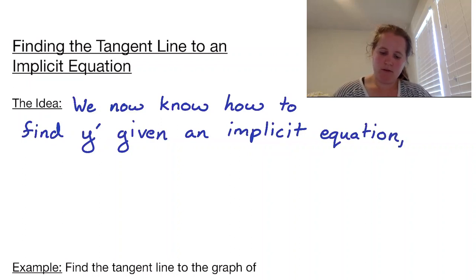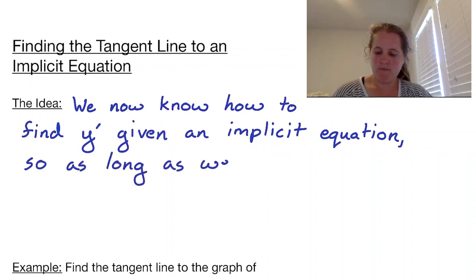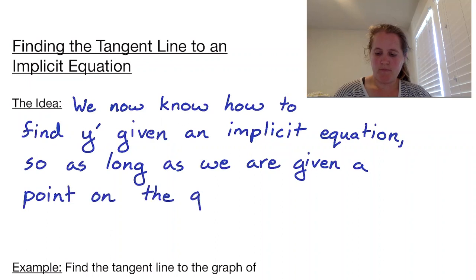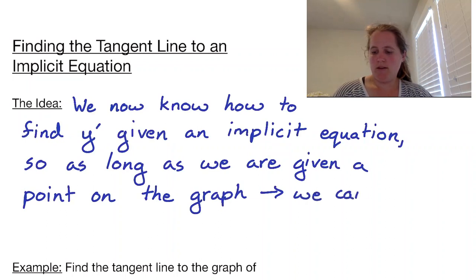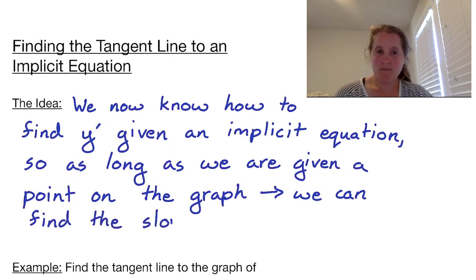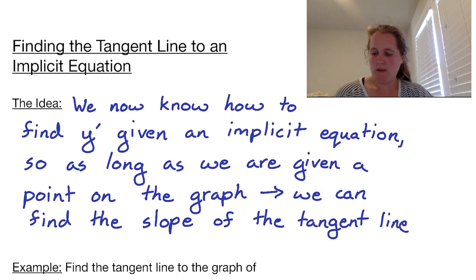So as long as we are given a point to work with, a point on the graph, then we can find the slope of the tangent line. And therefore we can find the tangent line.